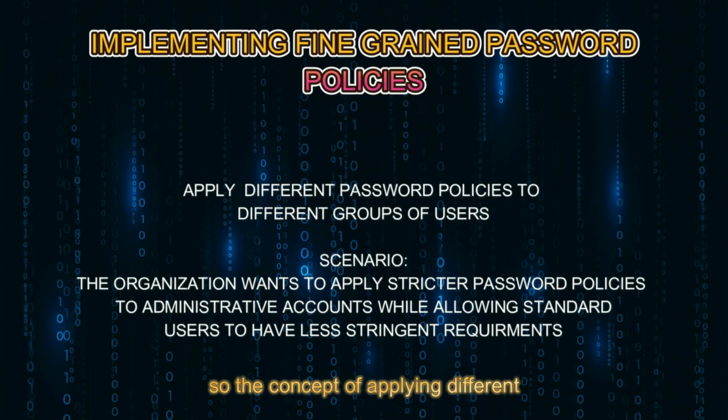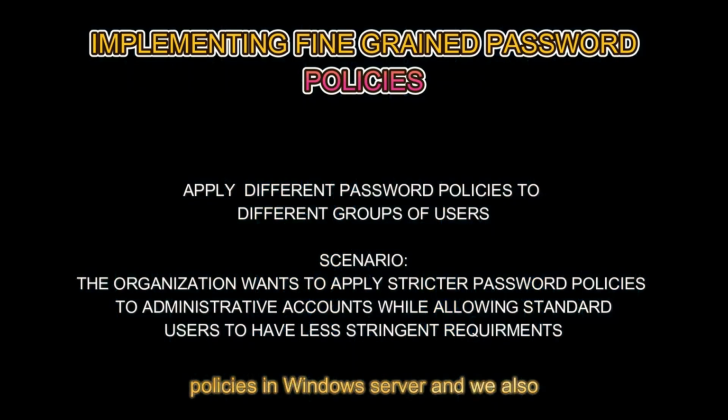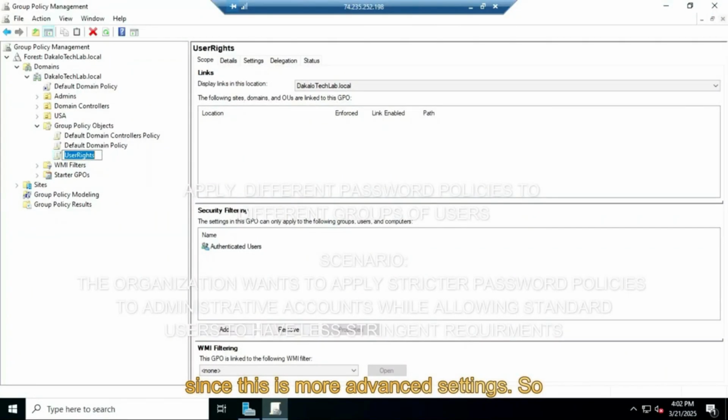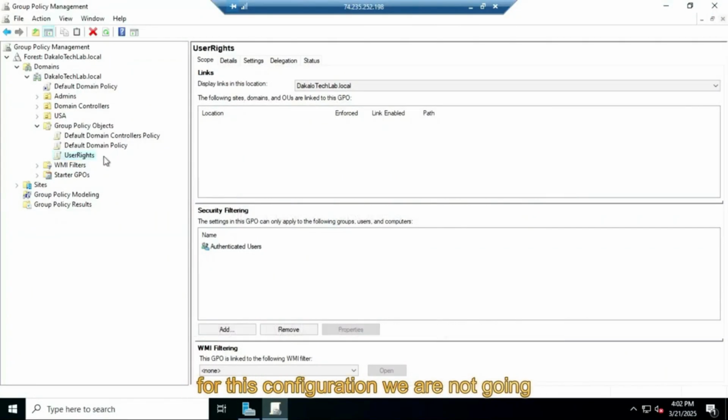The concept of applying different password policies to different groups of users is called fine-grained password policies in Windows Server, and we also use different tools other than group policy management to implement this, since this is a more advanced setting. So for this configuration, we are not going to be using group policy.